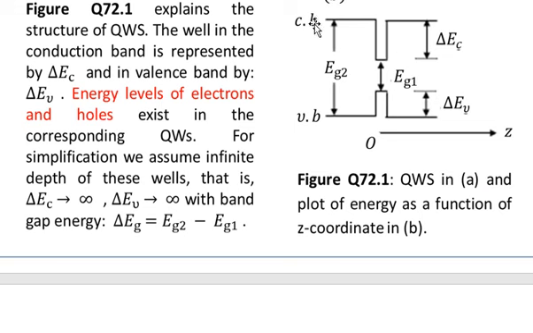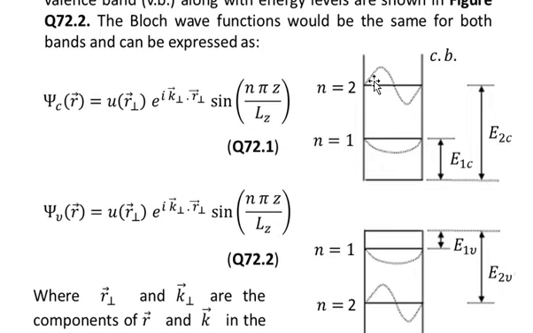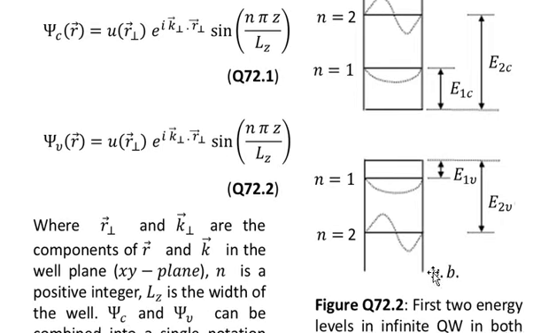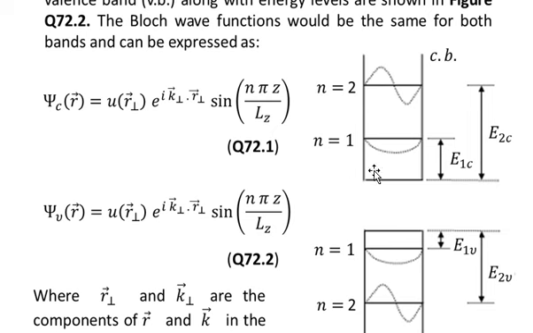One quantum well is associated with the conduction band, the other is associated with the valence band. So we have shown the two states in each of these quantum wells. So these are the two quantum wells, and you see that we have shown two states, that is n is equal to 1 and n is equal to 2 states in the valence band, and similarly the two states in the conduction band.